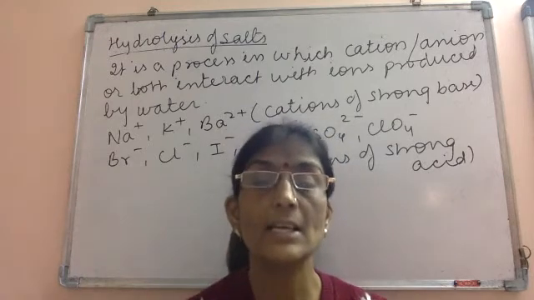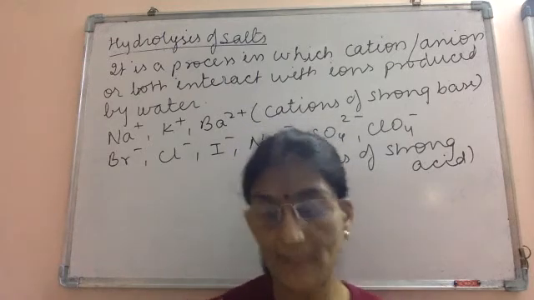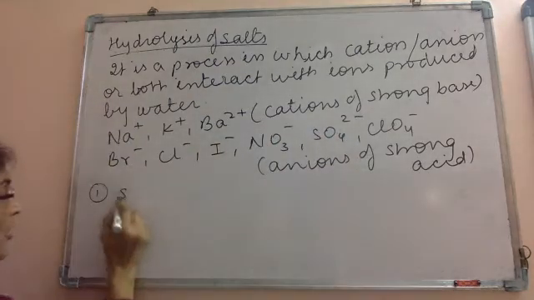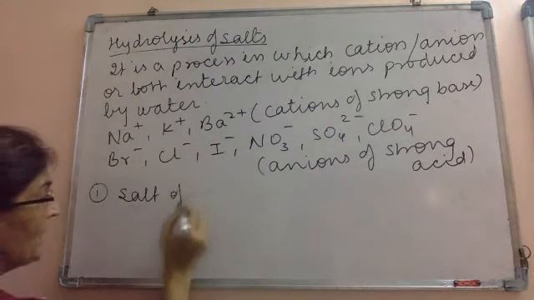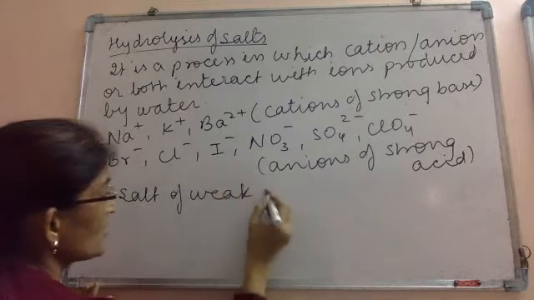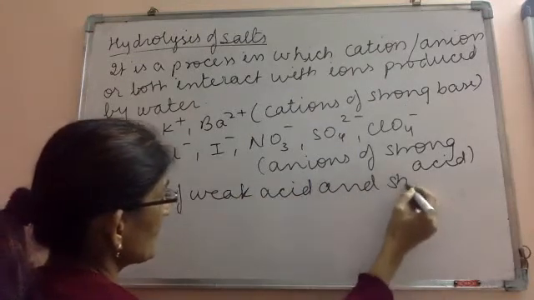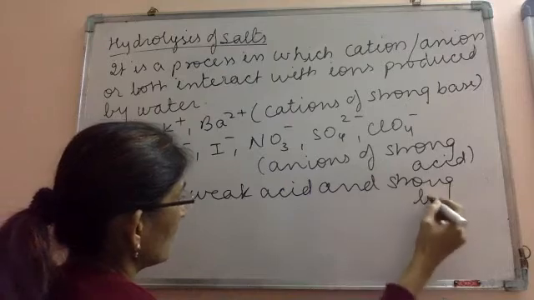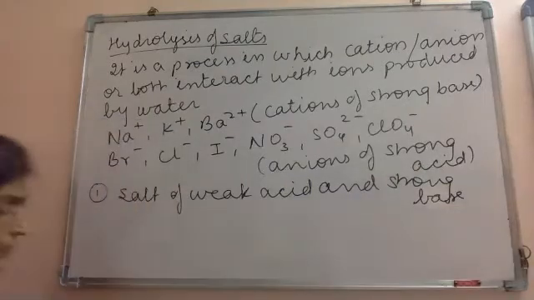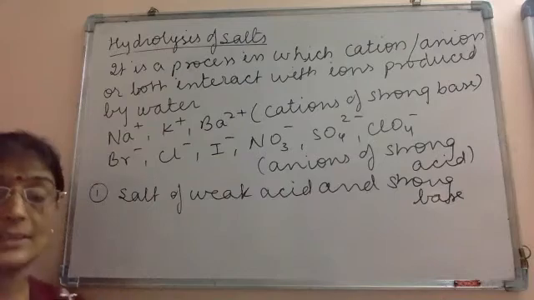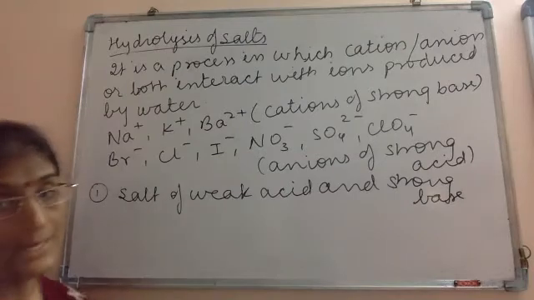Now we'll see some examples, three types of examples. First one is the salt of a weak acid and strong base. Weak acid like acetic acid and strong base NaOH.